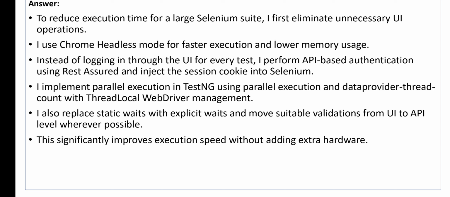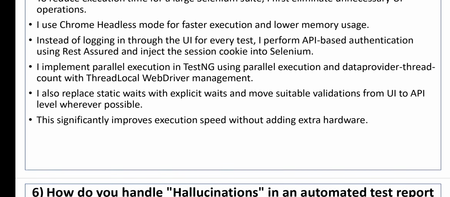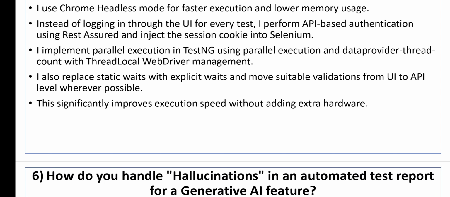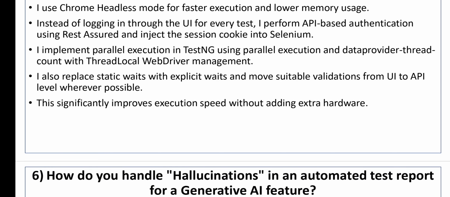Instead of logging in through the UI for every test, I perform API based authentication using Rest Assured and inject the session cookie into Selenium. I replace static waits with explicit waits, and I implement parallel execution in TestNG using parallel execution and data provider thread count with thread local driver management. Overall, these points significantly improve and increase the execution speed without adding extra hardware.